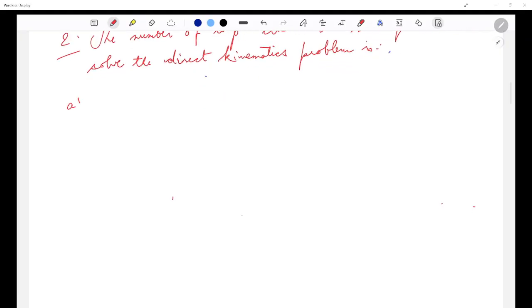Option A: equal to the degrees of freedom of the parallel manipulator?